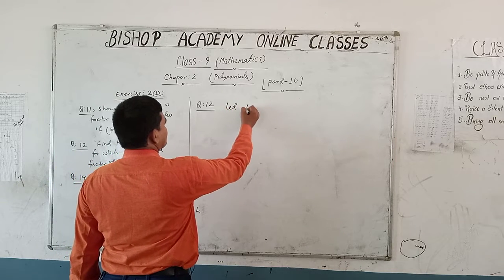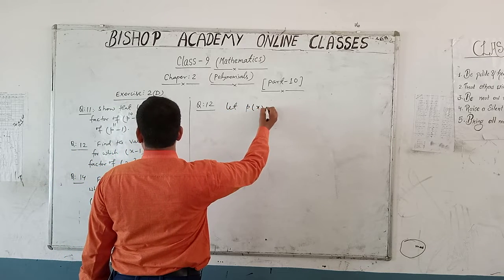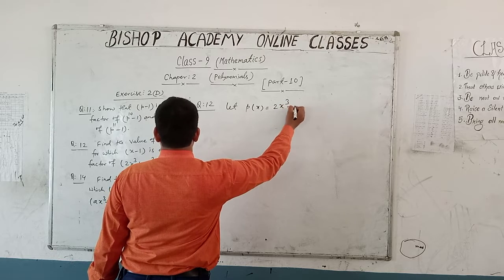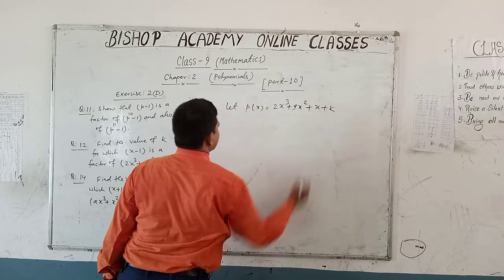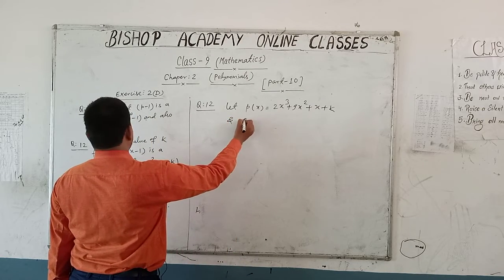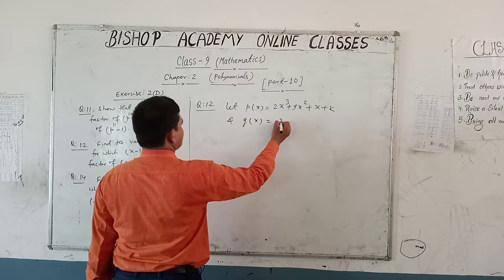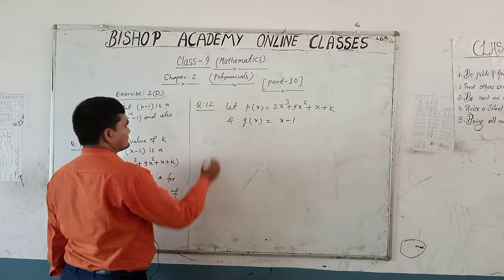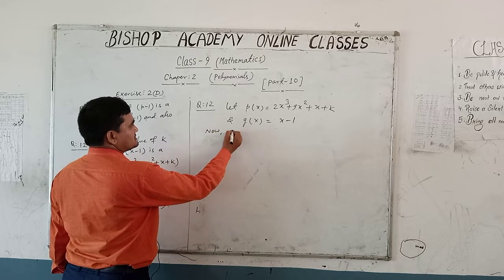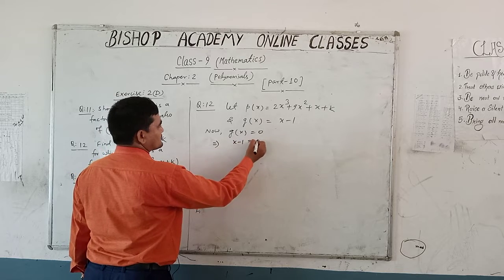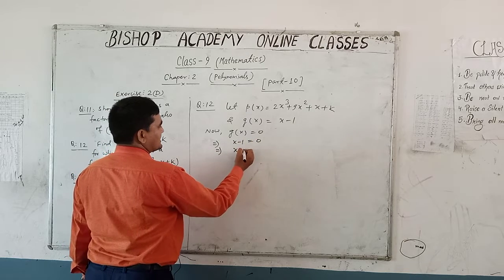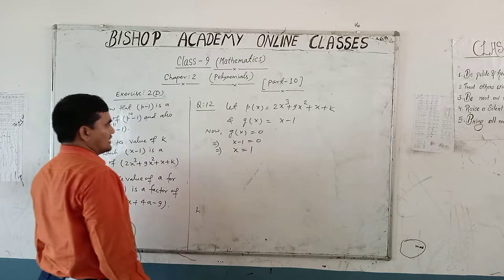Let p(x) is equal to 2x cube plus 9x square plus x plus k and g(x) is equal to x minus 1. Now g(x) is equal to 0, this implies that x minus 1 equal to 0, this implies that x equal to 1.